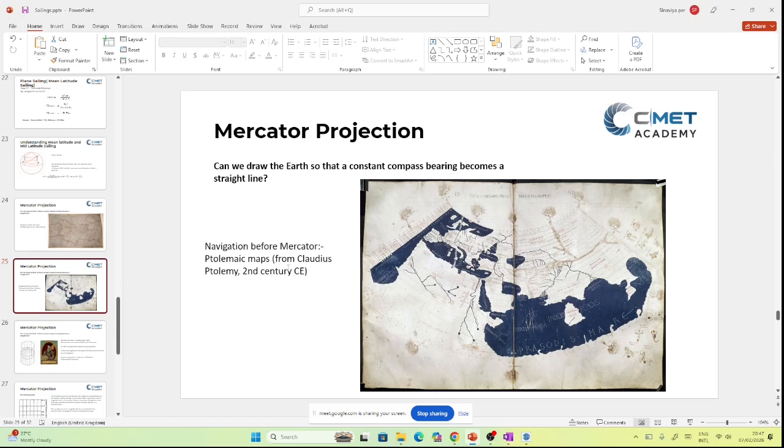That means almost 1,800 years ago. But why did I specifically put this Ptolemy? This is Ptolemy's world map, developed by Ptolemy.